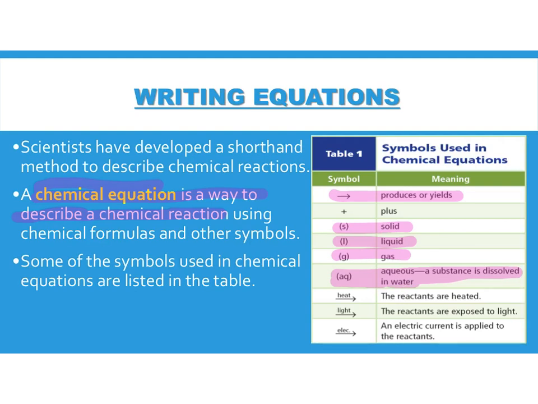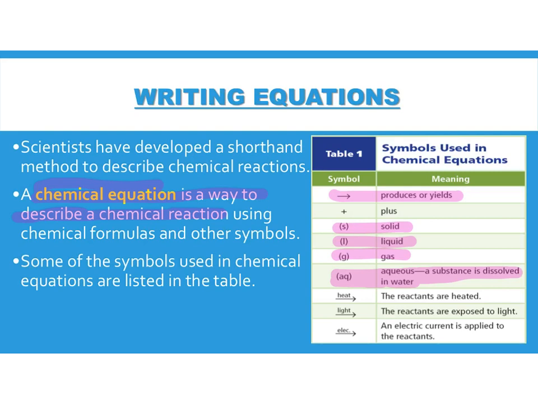It means that something is dissolved in water. And then every now and then we might put heat, light, or electricity over the arrow to say that the reactants are exposed to heat, light, or electricity. But you don't usually or always see that.